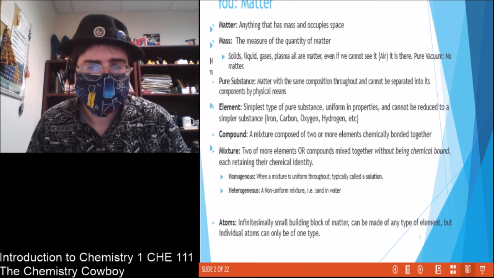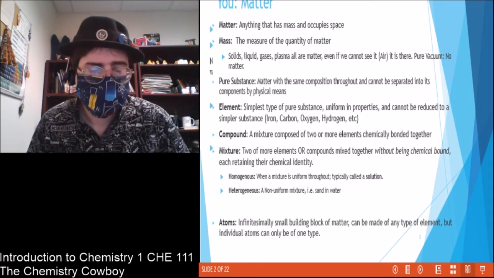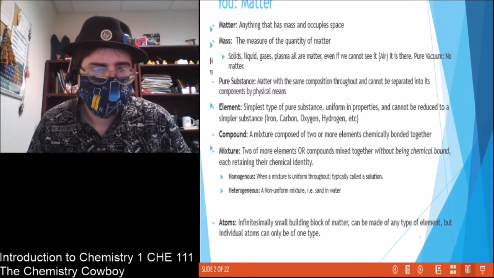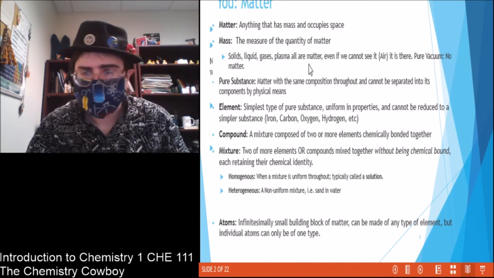But a compound is made up of atoms of elements combined together. CO2, for example. Just a quick picture. CO2, as we'll learn, is carbon dioxide. We have an atom of carbon, an atom of oxygen, and another atom of oxygen.